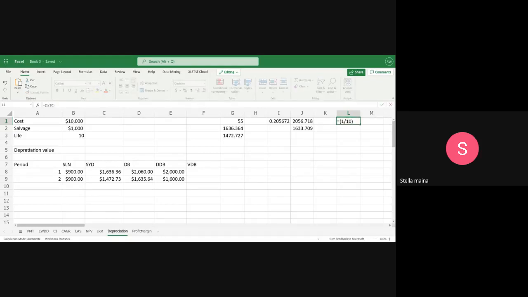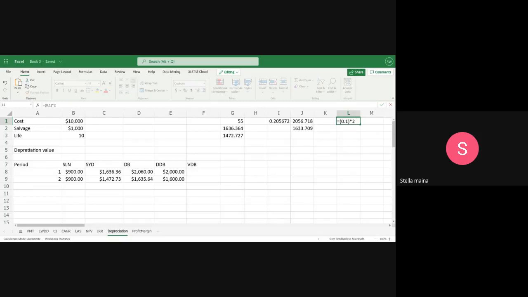So 1/10, making it 0.1, right? Since it's double declining balance, we multiply by 2 to get 0.2.